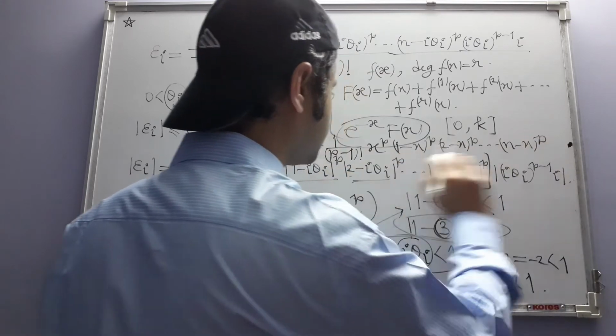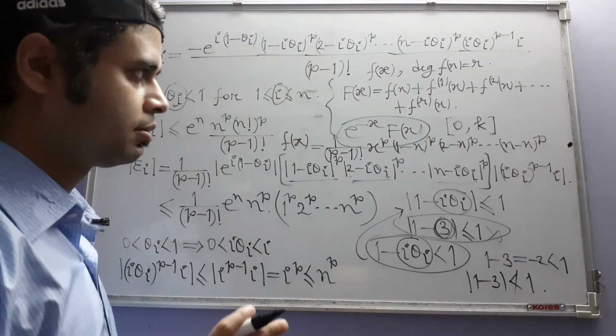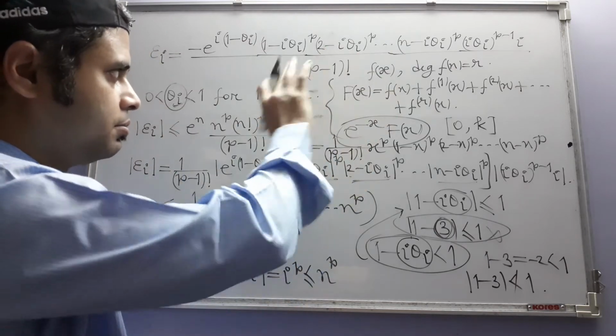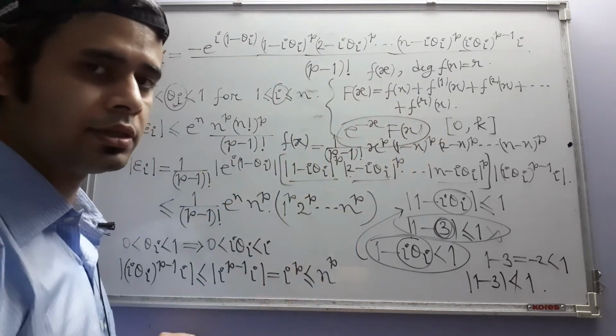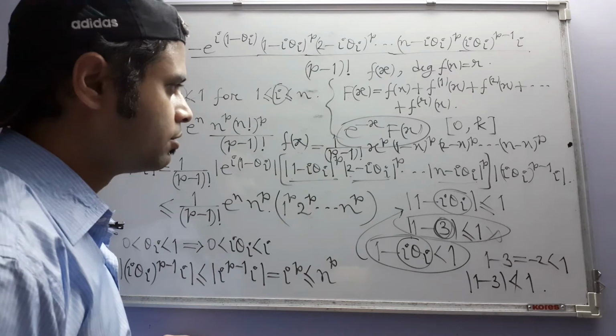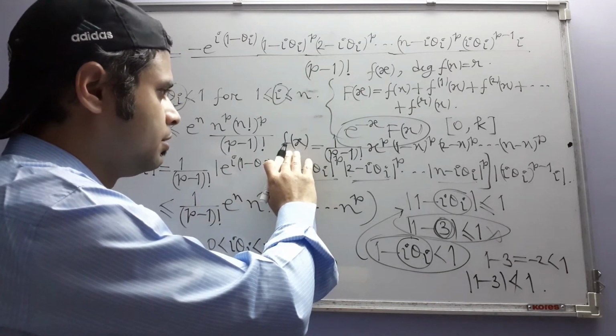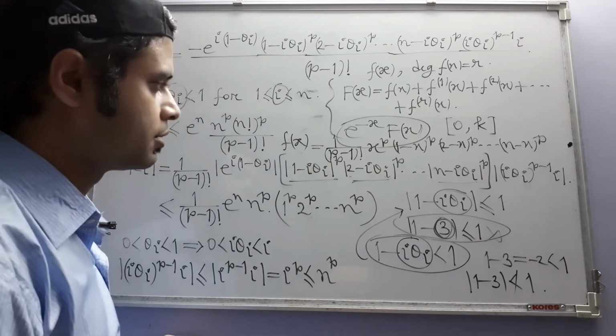This was the general structure of the polynomial that we took, and then for that polynomial we wrote all these things. So this is a very general situation.